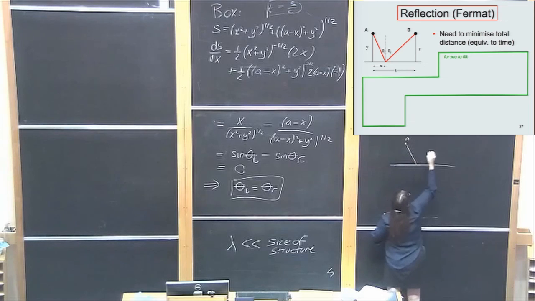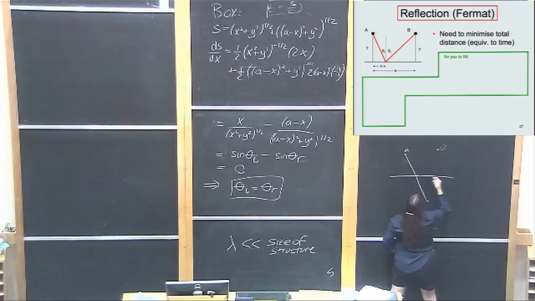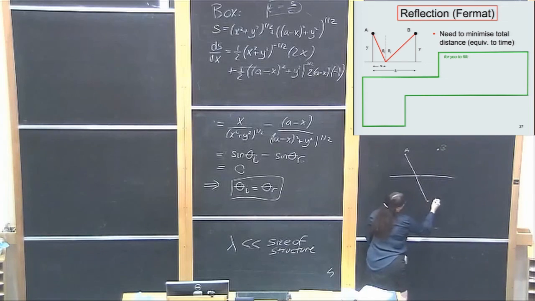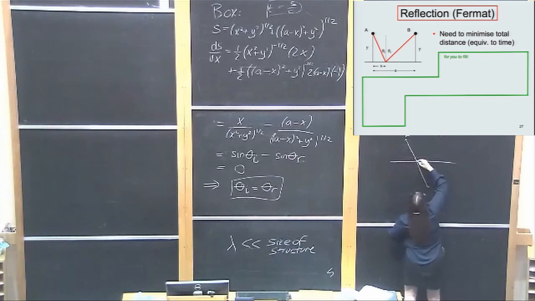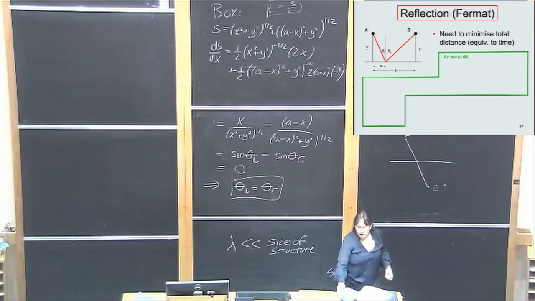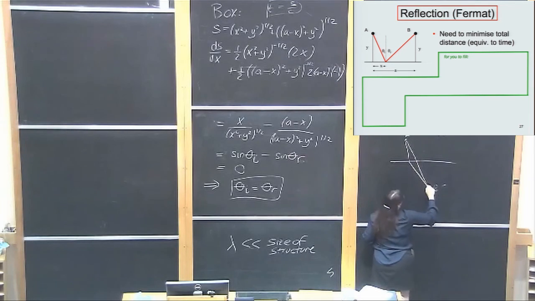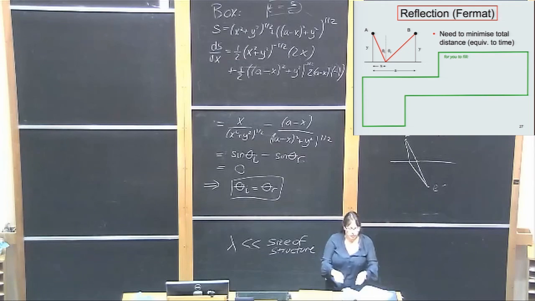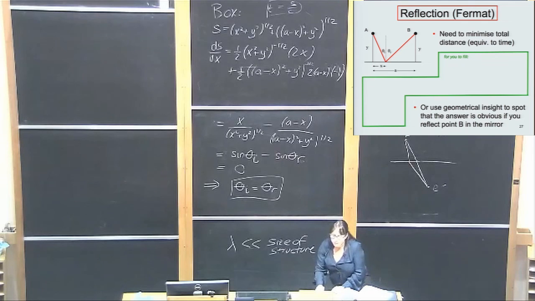Let's say we didn't reflect it up, but we just reflected the point B down, so that's sort of the image of B. But of course that length is going to be exactly the same as that. And I think there you can see that that is clearly going to be shorter than a path that went something like that, and so on. So you could have used the geometry to know immediately that that was going to be the right path.